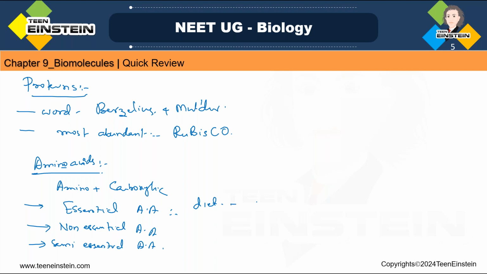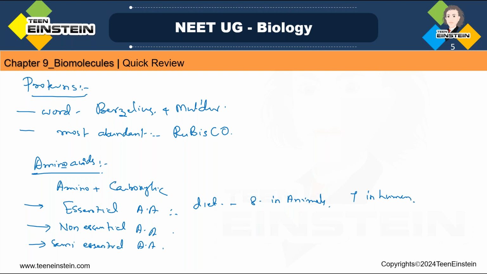There are 8 essential amino acids in the case of animals, and in the case of humans, there are 7 essential amino acids.